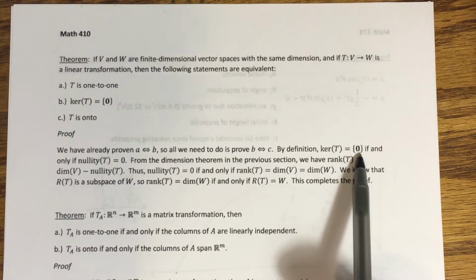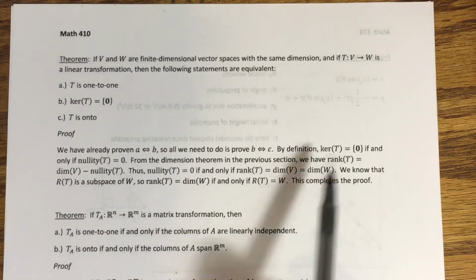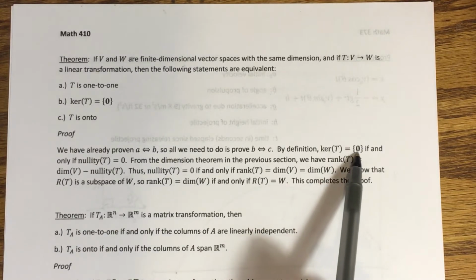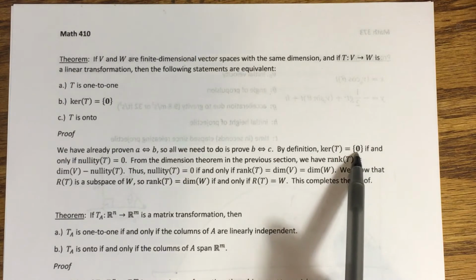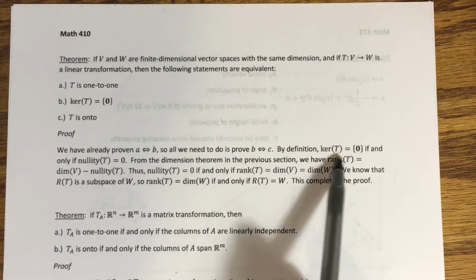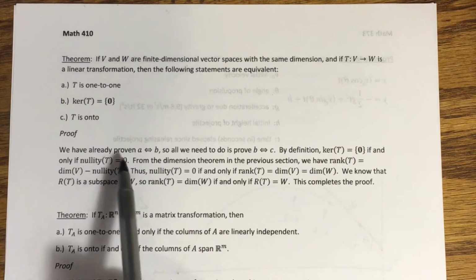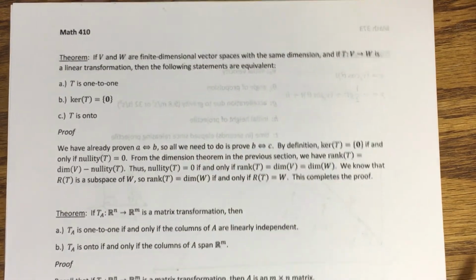We established when we first talked about dimension back in chapter 4 that as a matter of definition, the trivial subspace, or the zero vector space, as we also called it, has a dimension of 0. The vector space that only contains the zero vector, by definition, has a dimension of 0. So therefore, if the kernel of T is the zero subspace, then the nullity of T is equal to 0. That's what the nullity is.